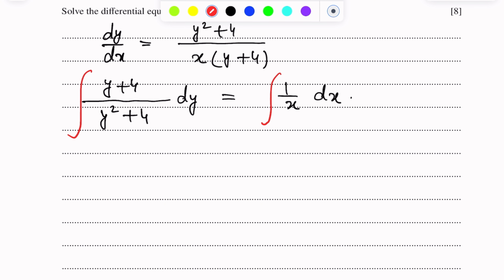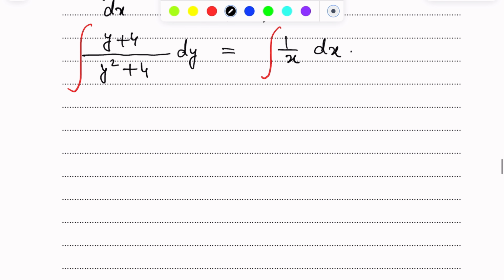Now first we will write this fraction in this form. The denominator is y square plus 4, and in the numerator there are two terms, y plus 4. Each term of the numerator will be divided by this denominator.